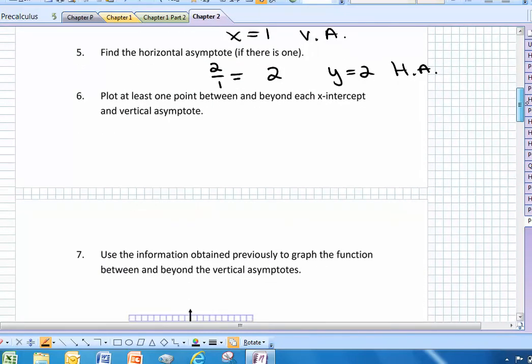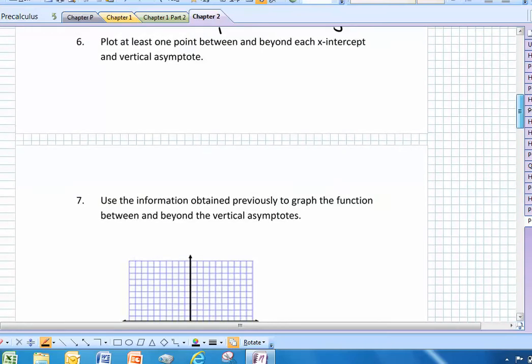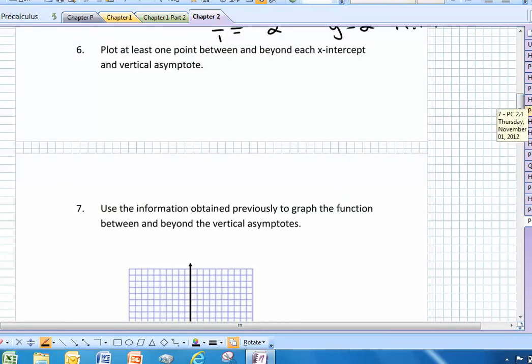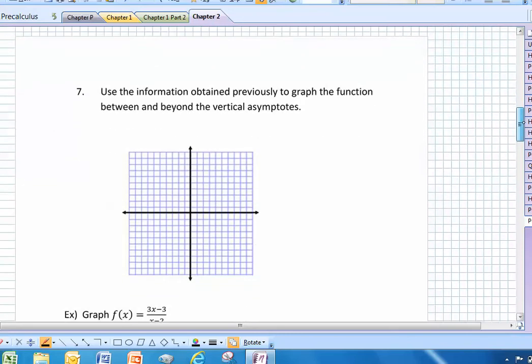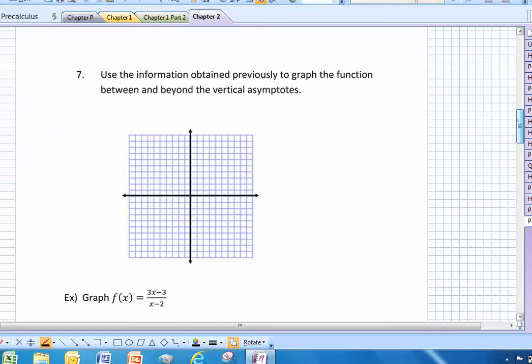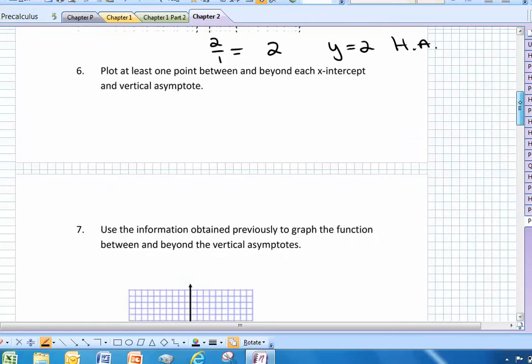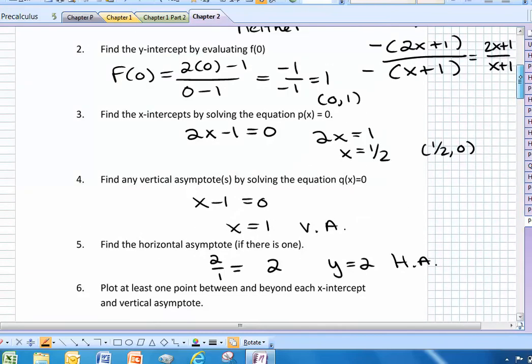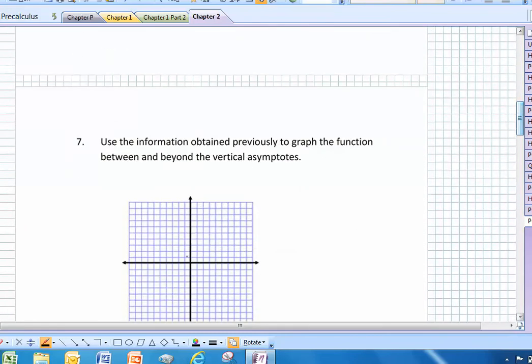And then I'm going to plot one point between and beyond each x-intercept and vertical asymptote. So let's use the information here. I know that the y-intercept is at (0, 1), so I'll plot that right here.